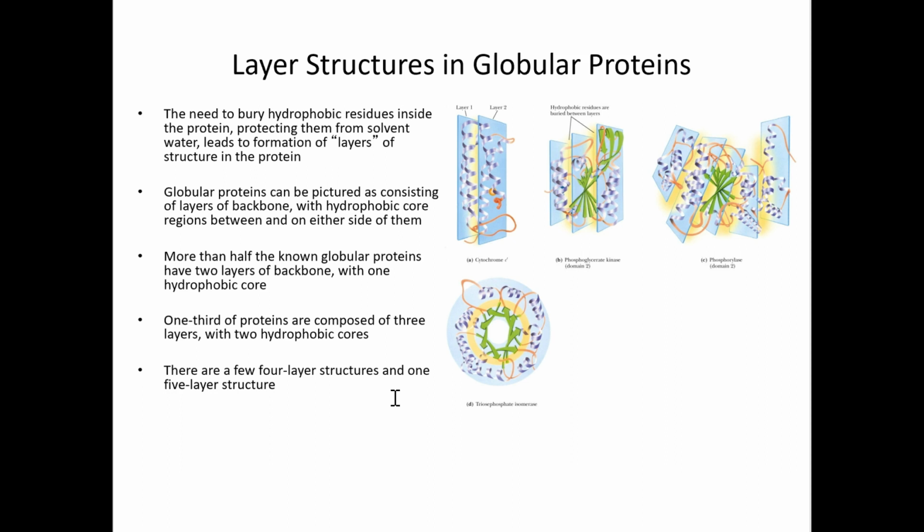So, even though we have hydrophobic residues buried in the core, that doesn't mean that there aren't planar systems in place. If we look at this first case with cytochrome, in the middle on A, you can see that we really have two different layers or planar systems.